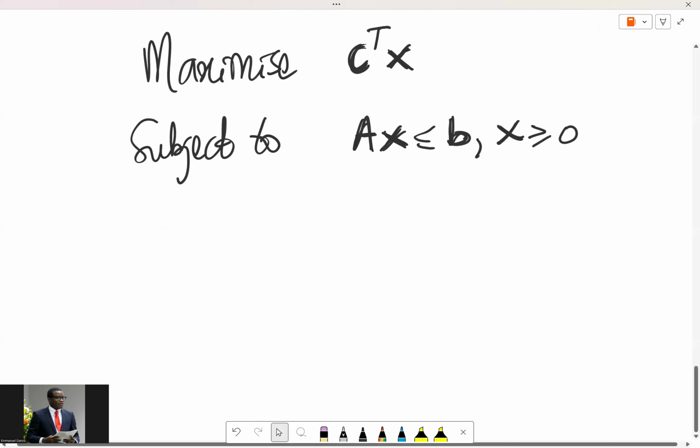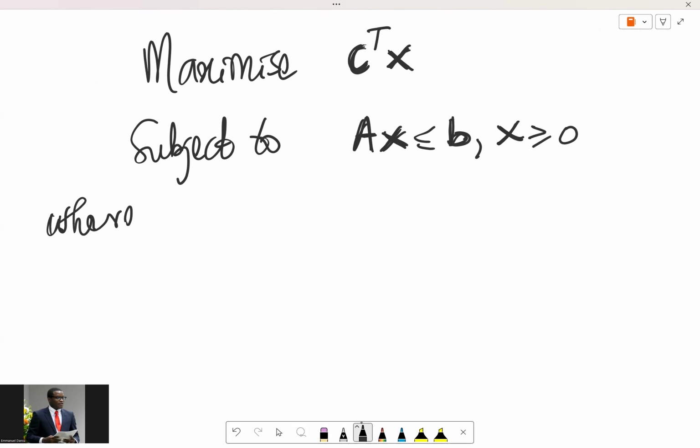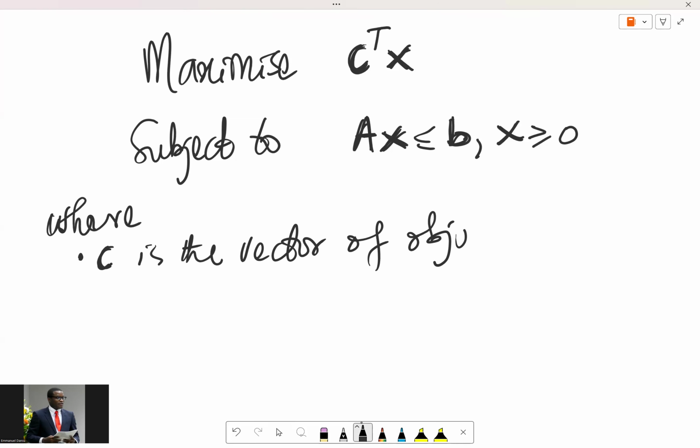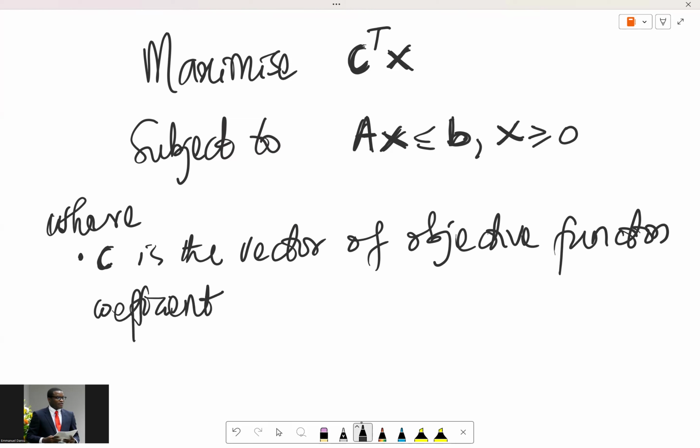All right. So here, C is the vector of objective function coefficients. It's the same thing we usually write, just in shorthand matrix form.